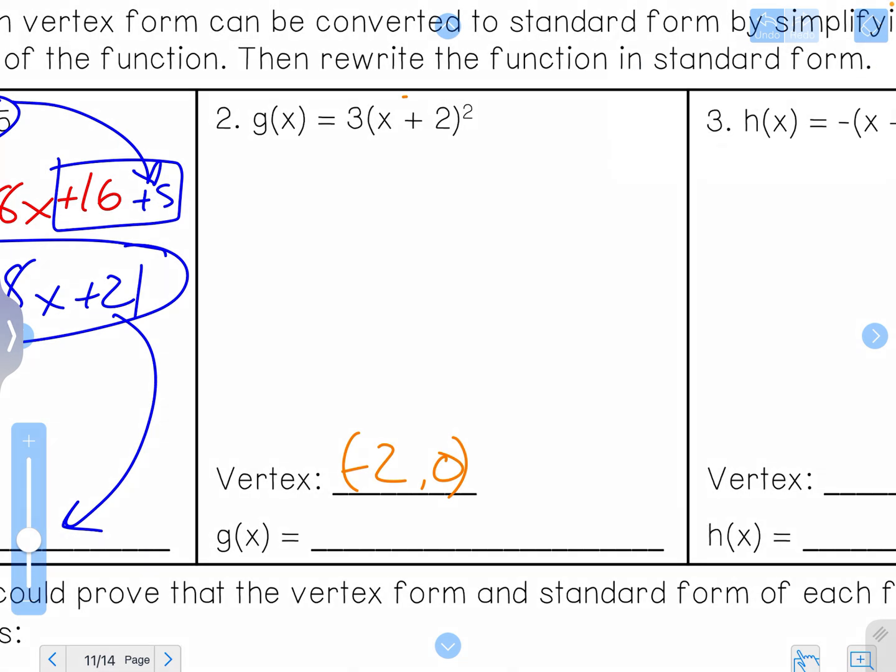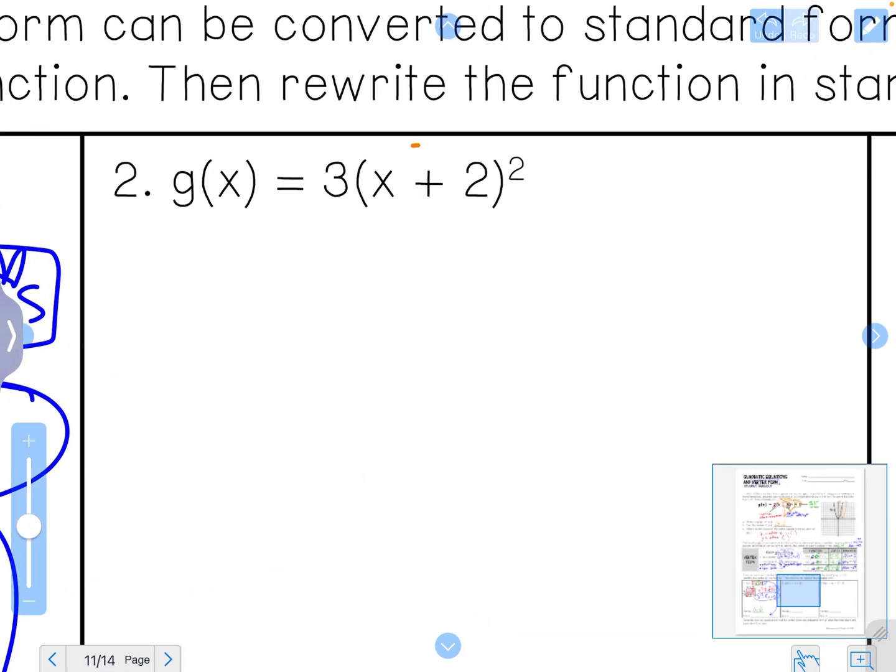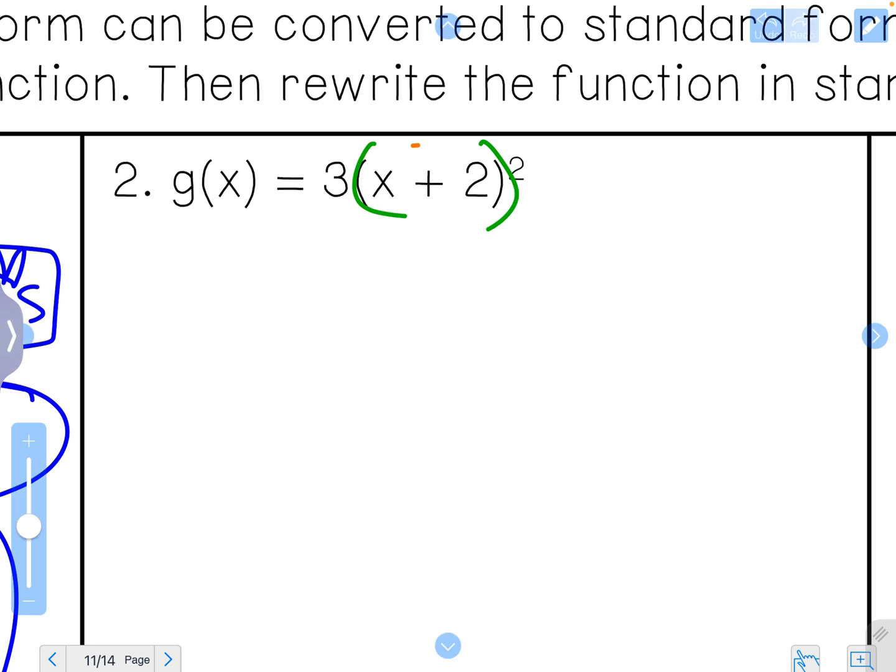Now, I'm going to use a rule that we learned while we were multiplying binomials. This is a perfect square binomial. So if it's a perfect square binomial, I'm going to square the first term. I'm going to multiply the first term times the second term times 2 because I would have to combine those like terms. So that's going to be plus 4x.